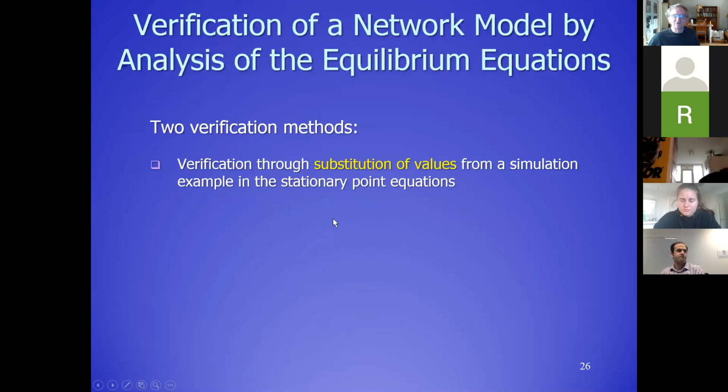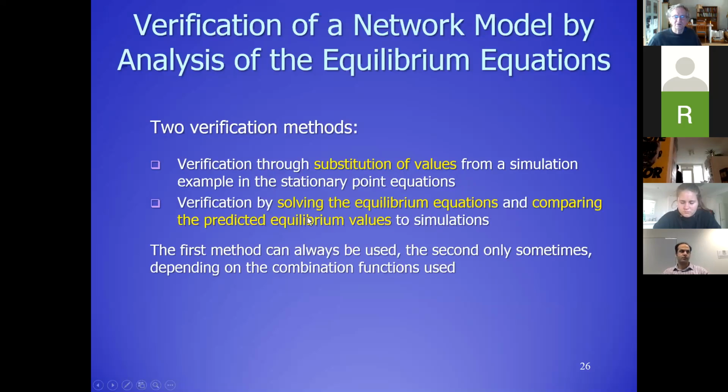So you can use such equations in two different ways. The first one is verification through substitution of values. In these equations, you can substitute the values that you see in your simulations, or you can solve these equations and compare the predicted values to the simulations. So these are the two different ways.